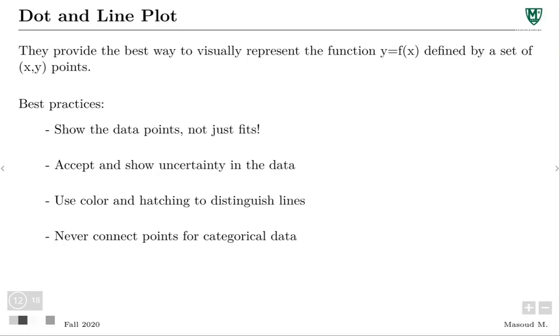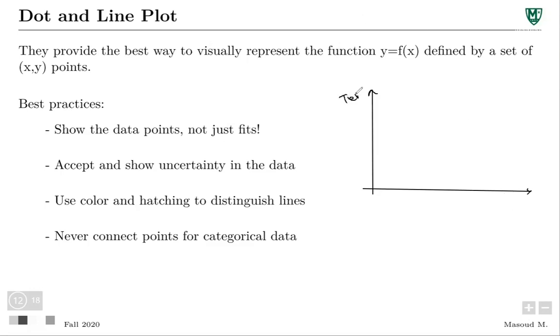Show uncertainty in the data. Sometimes, for instance, you are drawing a plot and you are showing, let's say, the mean of some variable. You're showing, for instance, the mean of temperature, the mean value of temperature over different days of a week.